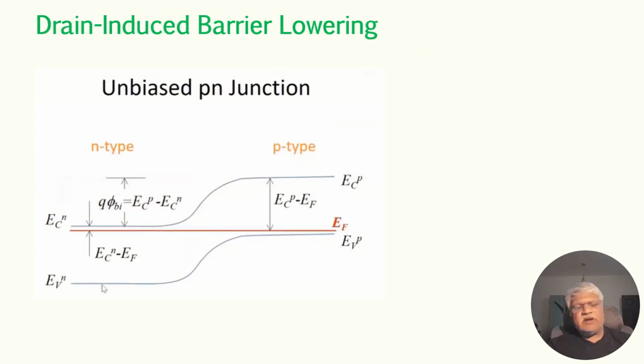Let us understand the drain-induced barrier lowering phenomenon. Here, for the present, we will take the simple long channel PN junction diode. This is an unbiased PN junction. This is the N-type semiconductor, and this is the P-type semiconductor.